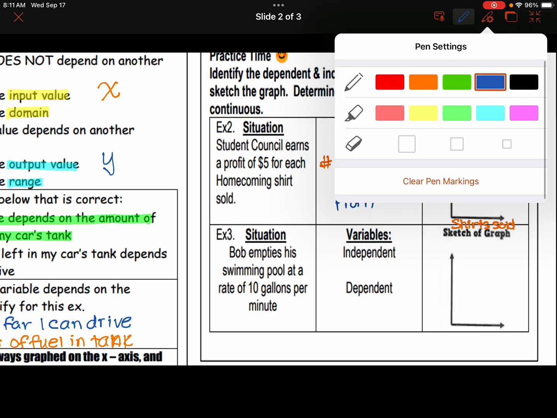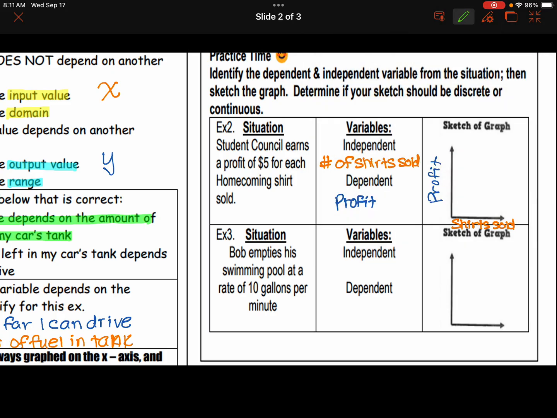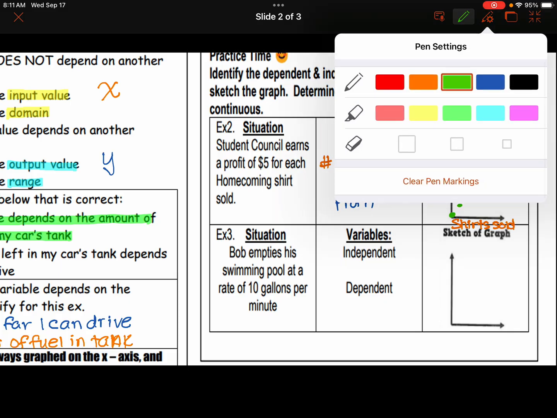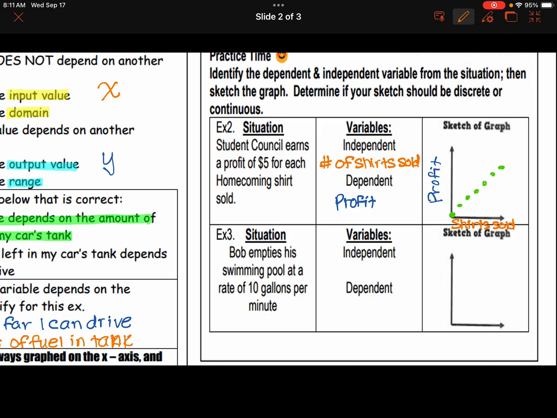So as I think through how would this look, I can only sell an entire t-shirt. So this is going to be discrete. And the more I sell, the more my profit goes up. So that's kind of what that sketch would look like. Okay, next one. Bob has a swimming pool. It is now fall, so he needs to empty it.